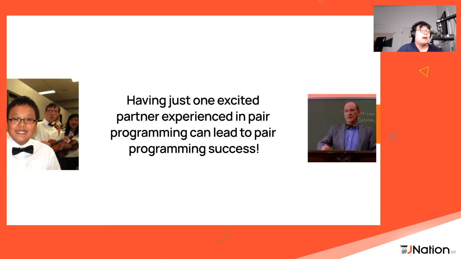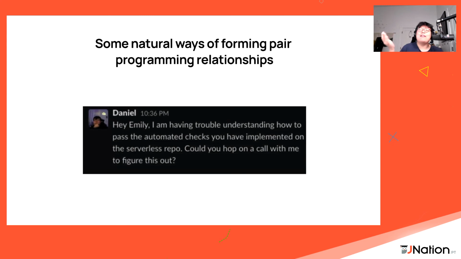And especially if you're not being forced to pair program in a class, because in this class, our professor actually set up forms for us to pair program together, and it was a requirement for the class. You might be wondering, how do I start these kind of natural pair programming relationships? This is a perfect example of a Slack conversation that I sent to one of our engineers at our nonprofit. It says, hey, Emily, I'm having trouble understanding how to pass the automated checks you have implemented in the serverless repo.